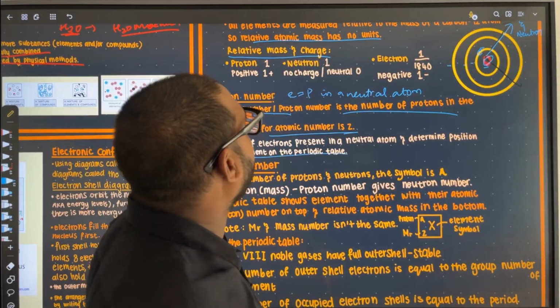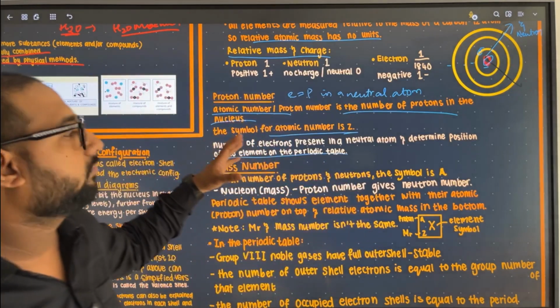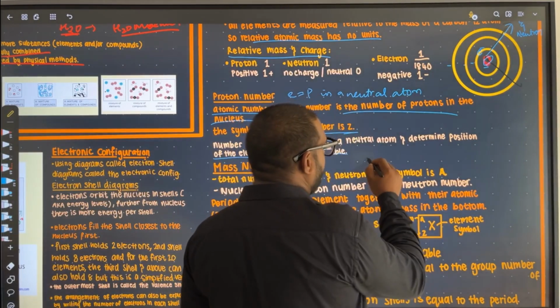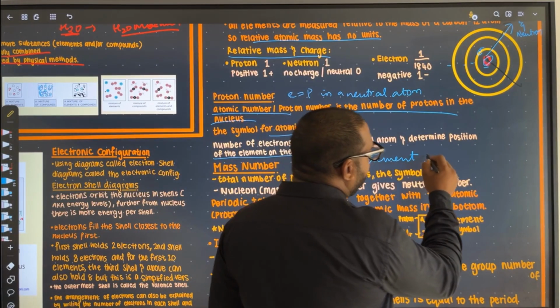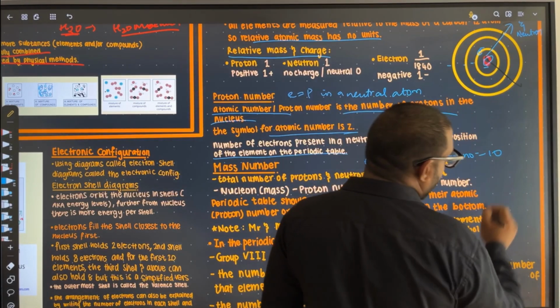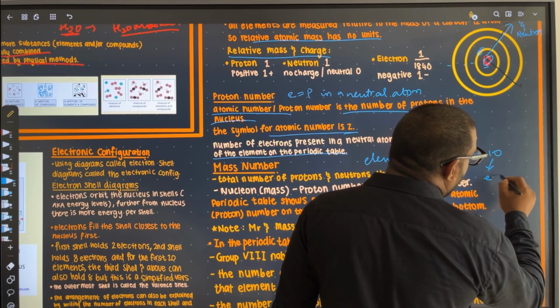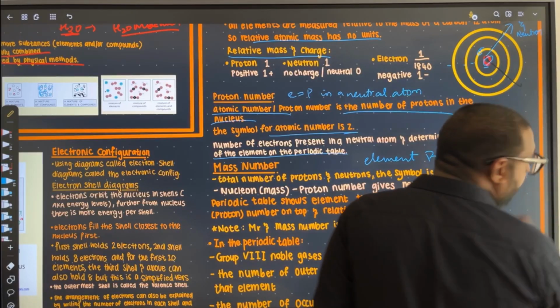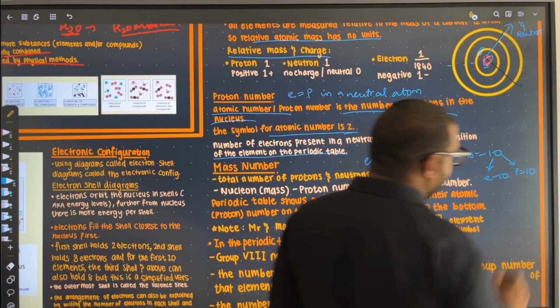So you can say that if you have proton number, let us suppose there is an element जिसका proton number let us suppose 10 है, तो इसमें number of electrons भी 10 रहेंगे and number of protons भी कितने रहेंगे? Yes, 10. Okay.